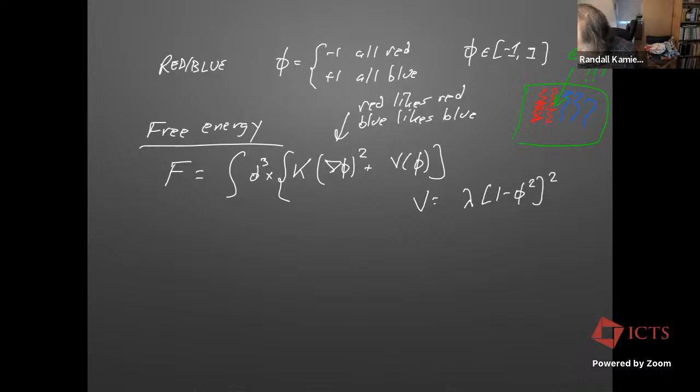And so what does this do? This has two minima, at phi equals plus or minus 1. And there's an energy cost. If it's not pure red, then you've mixed in some blue with the red, and it doesn't like that either. So this tells you where the minima are. And together, these things lead to phase separation.